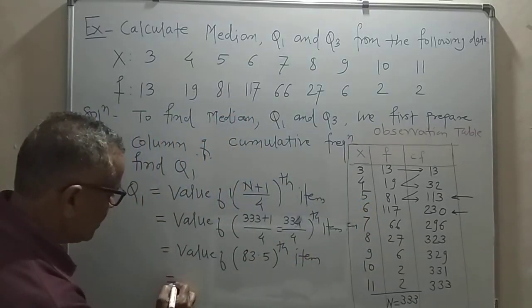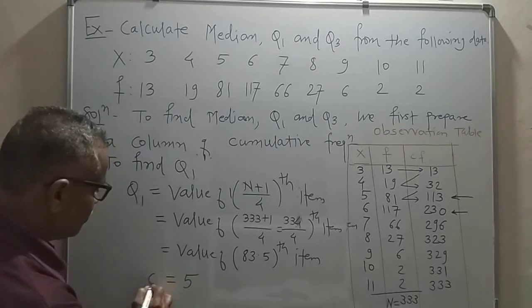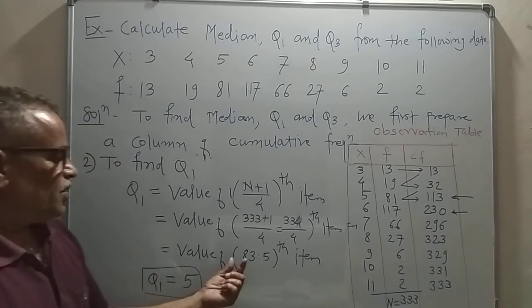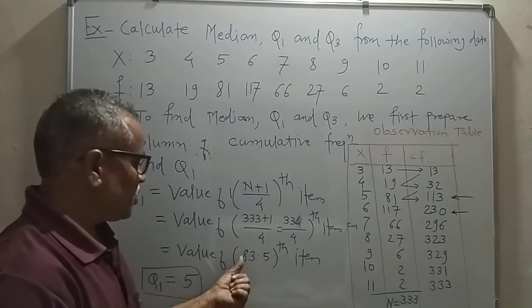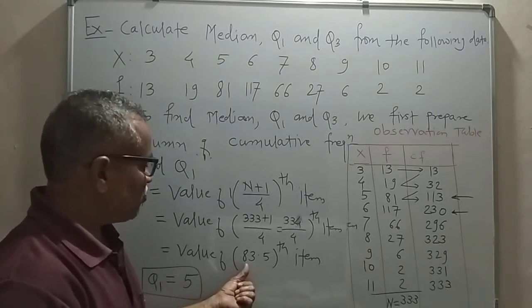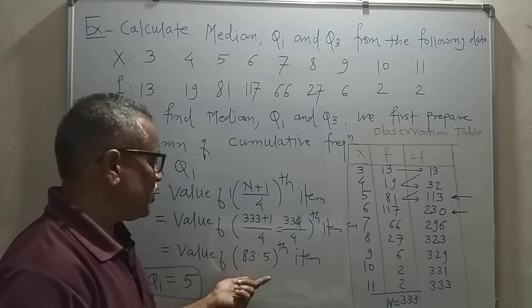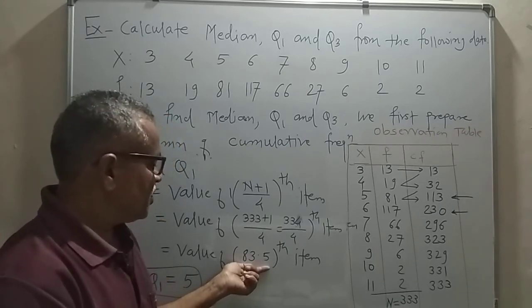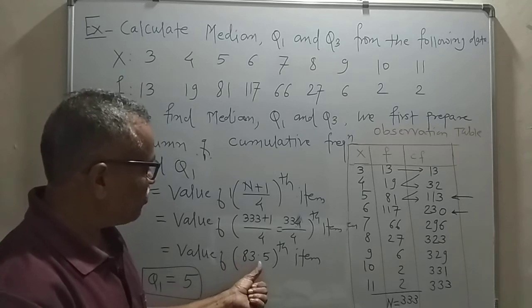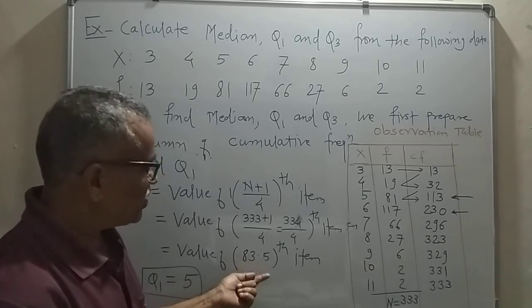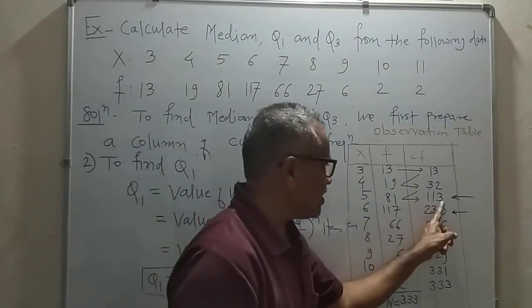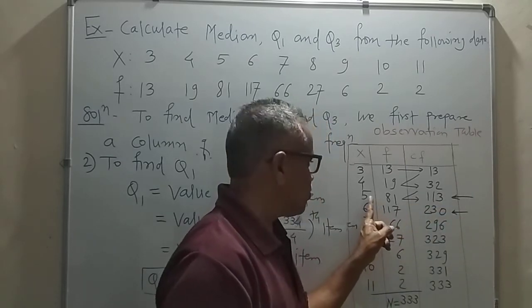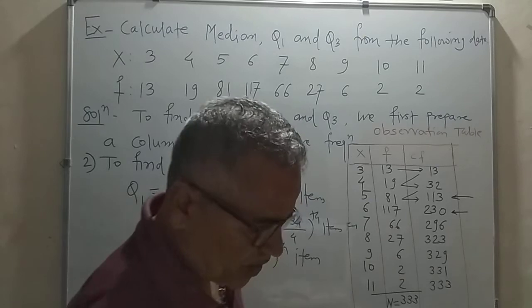So Q1 is equal to 5. The important step is, after the value (n plus 1) divided by 4, we look for the just greater value than this term. Here in this example, for 83.5, the just greater value of CF is 130, of observation 5. So Q1 is equal to 5.